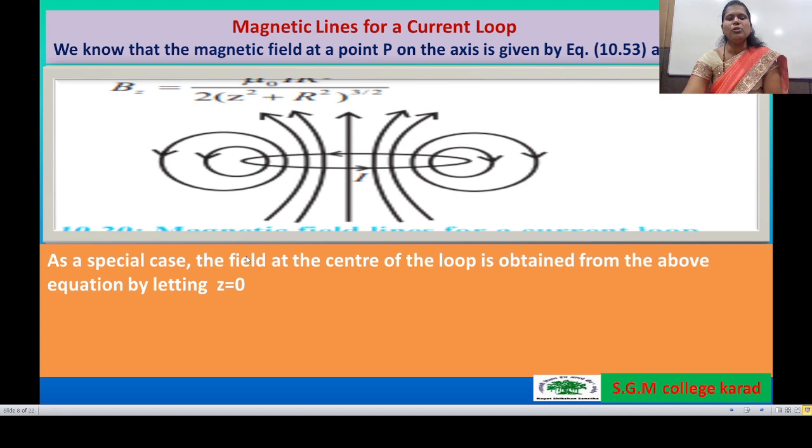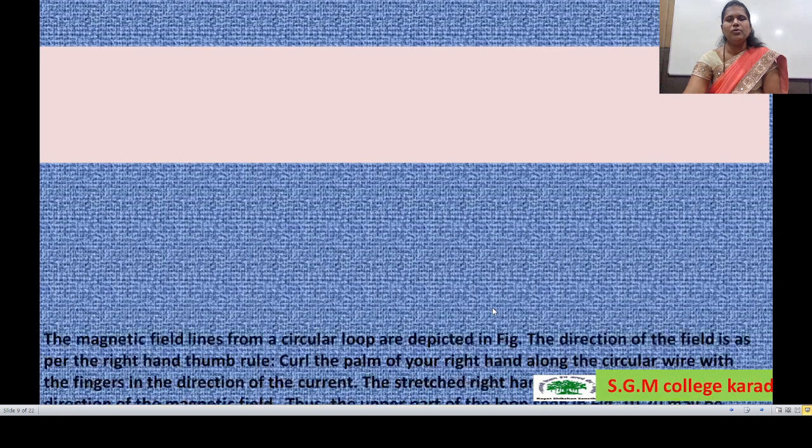Putting z equal to 0, B0 is equal to mu 0 I upon 2r. So B0 is equal to mu 0 I upon 2r at the center of the loop, obtained by substituting z equal to 0.